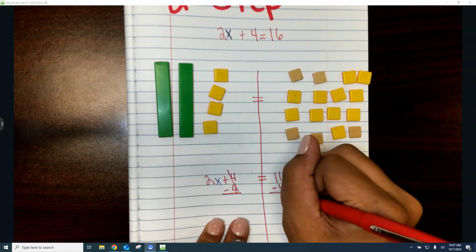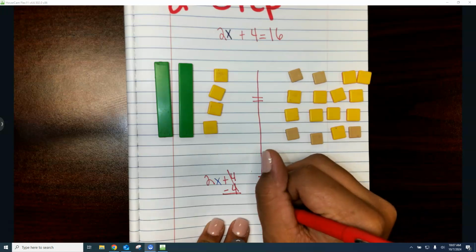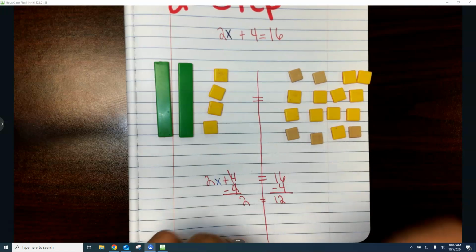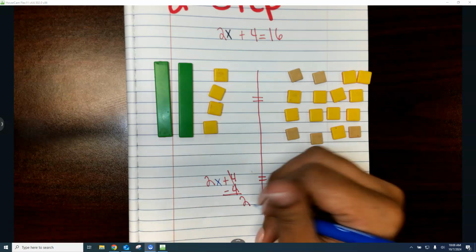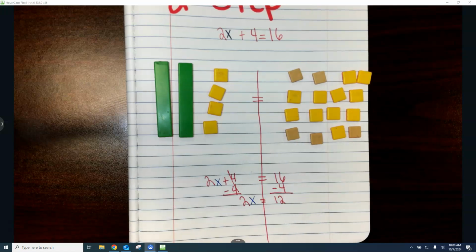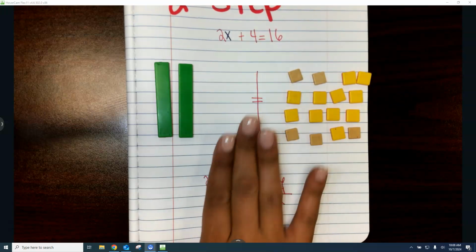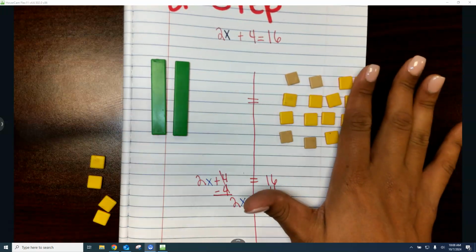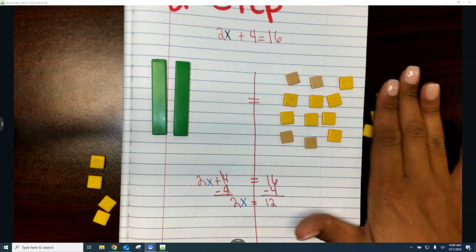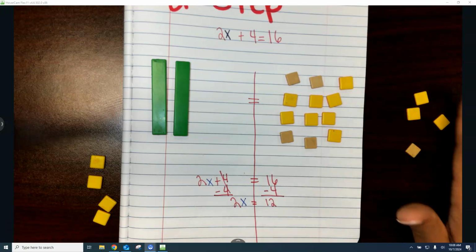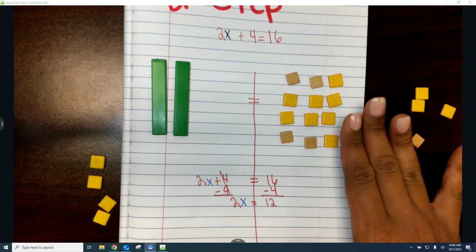And that leaves us with 12. If we were to use algebra tiles, we subtracted 4, so we take away 4 on this side as well. Right, so that leaves us with 12.